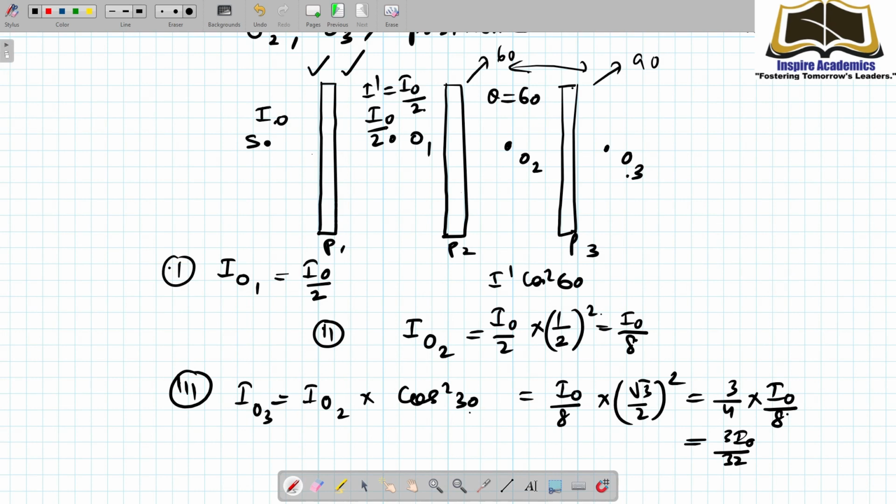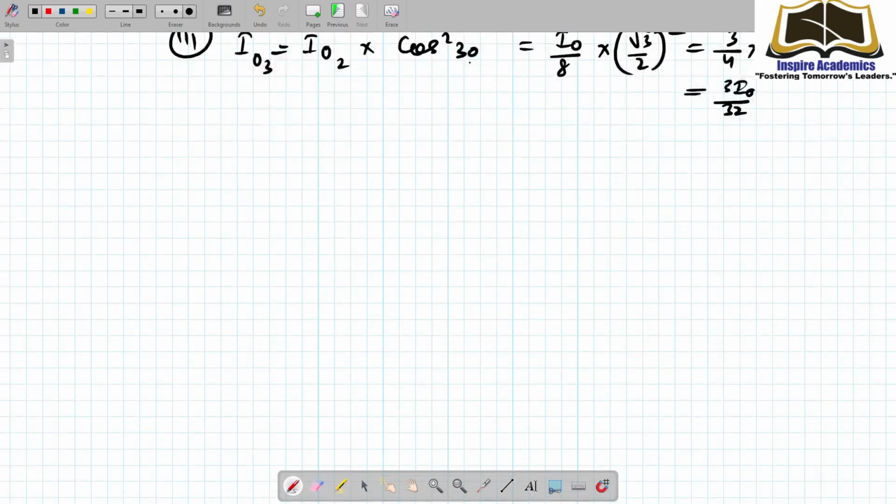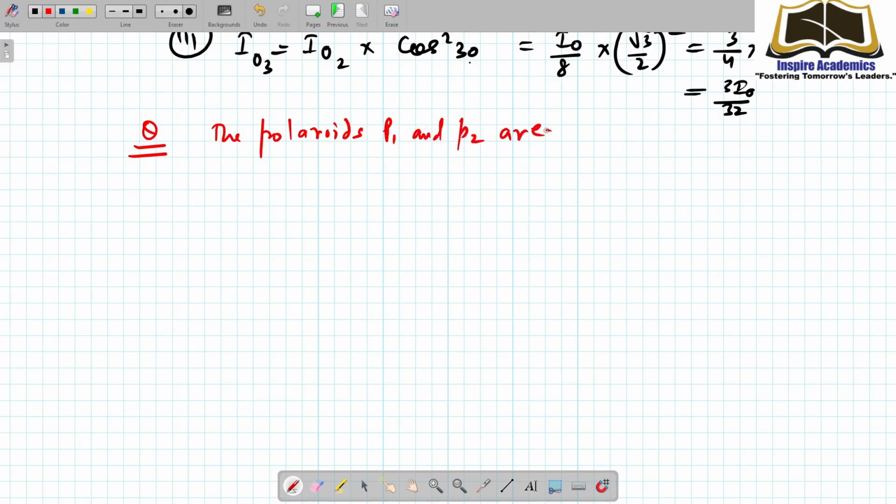Let us take one more question. The polaroids P1 and P2 are placed in crossed positions.